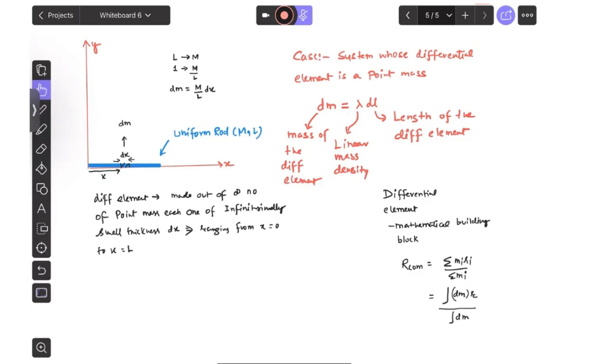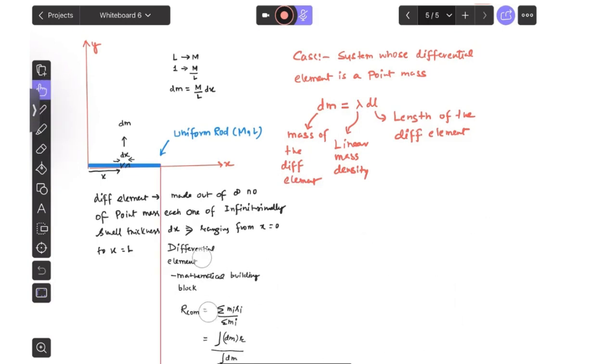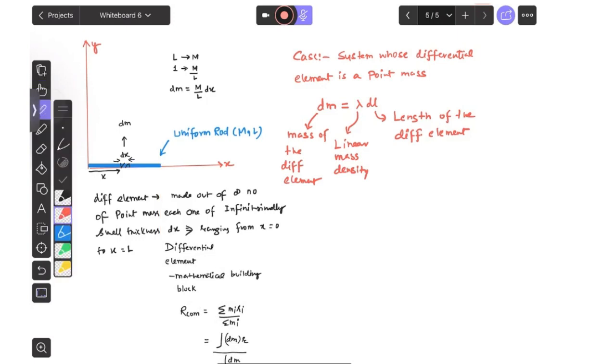So in the case when we are selecting the differential element to be a point mass, to determine the RCM, that RCM is going to be equal to integral of r dm by integral of dm. Same goes for our XCM, which will be integral of x dm by integral of dm.